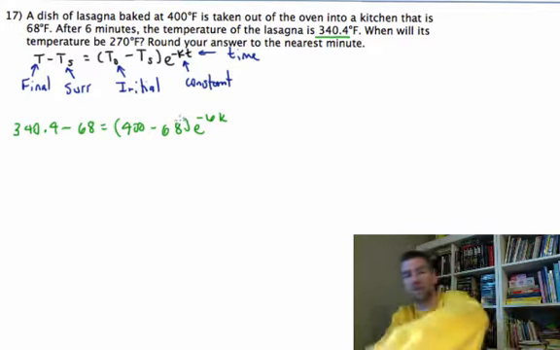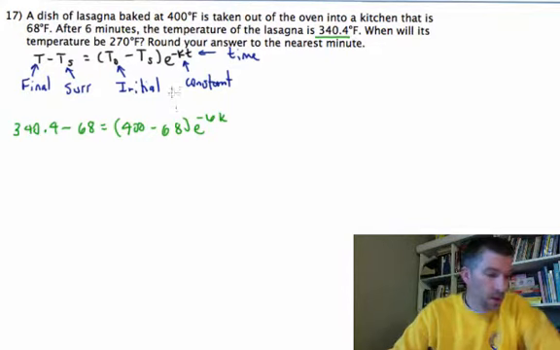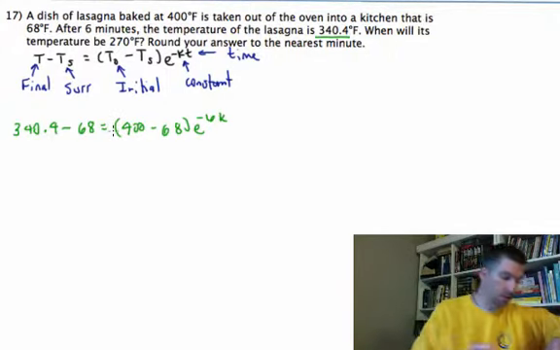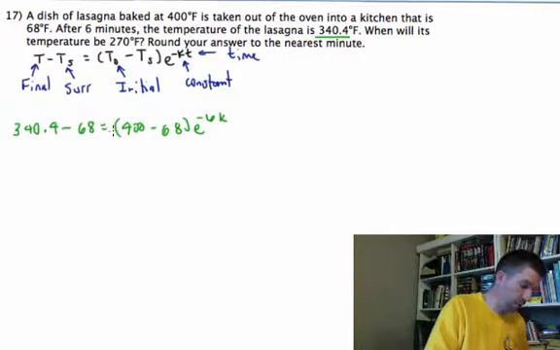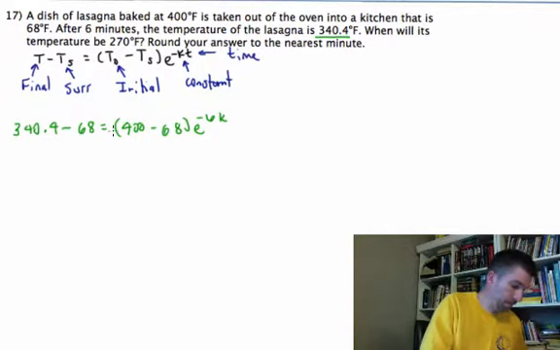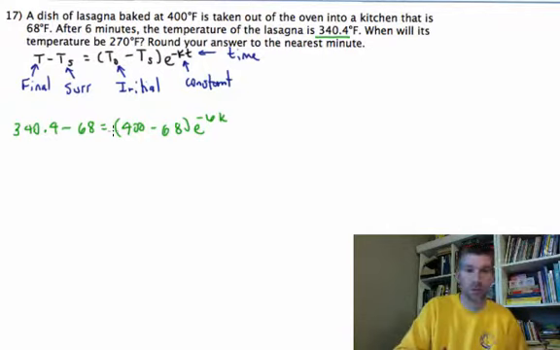So I'm going to borrow from my math here. I didn't write it down, how unfortunate. 340.4 minus 68 is 272.4.